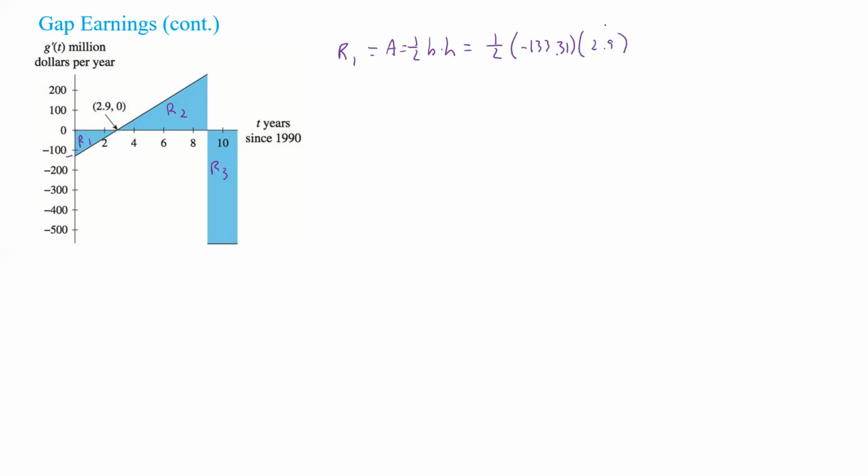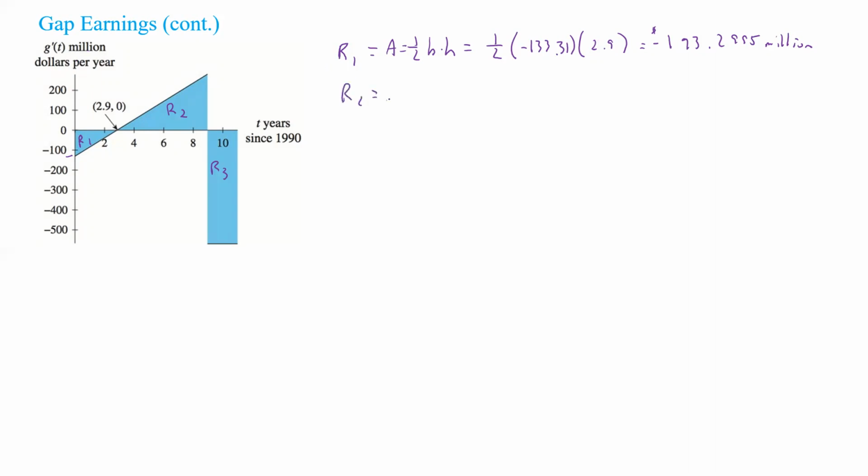If we plug that into our calculator, we get a negative 193.2995, and that's going to be dollars, in millions. The actual area is going to be a positive 193.2995, but in relation to the earnings it's this negative value, while the actual area itself is positive.